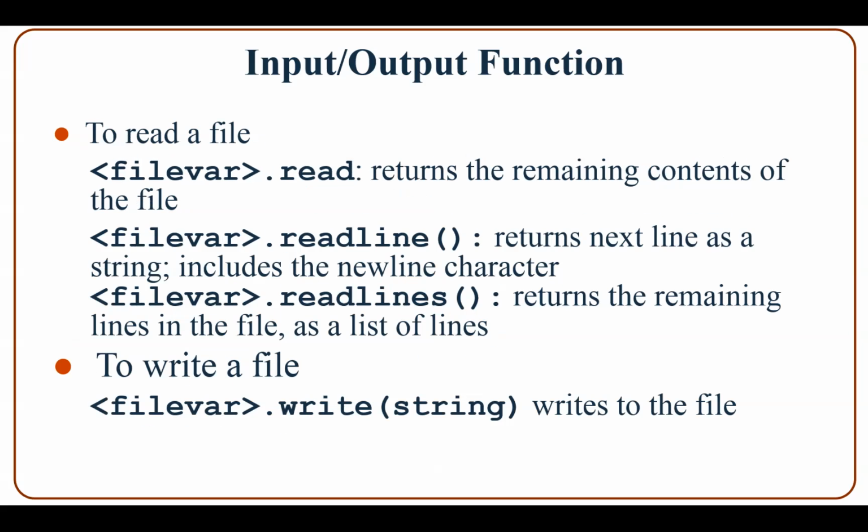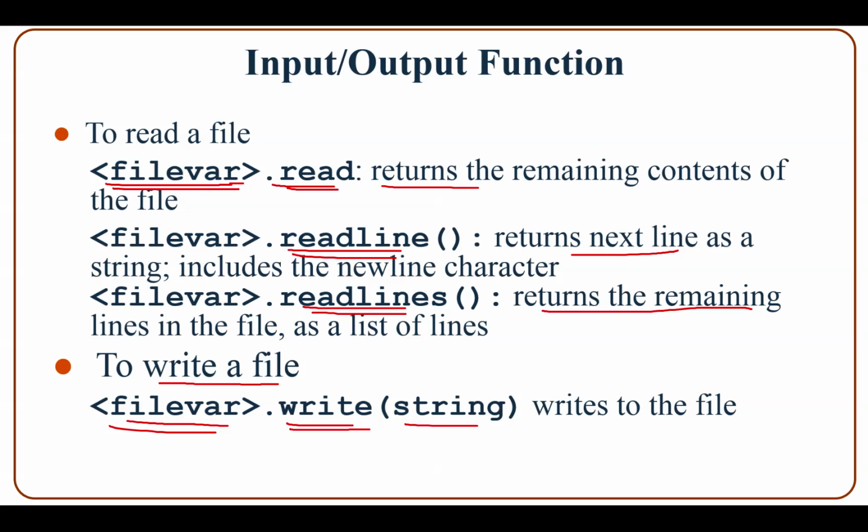With the file variable, you call the read method, and it returns the remaining contents of the file. Readline and readlines are also very useful. Readline returns the next line, and when you get through some lines and you say readlines, it returns the remaining. To write to the file, you say the file variable and then call the method write, with the string to write to the file.